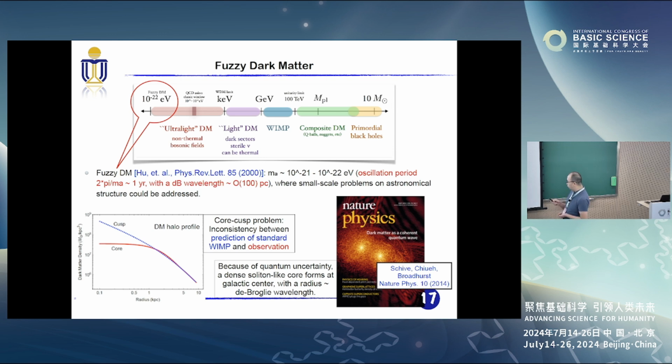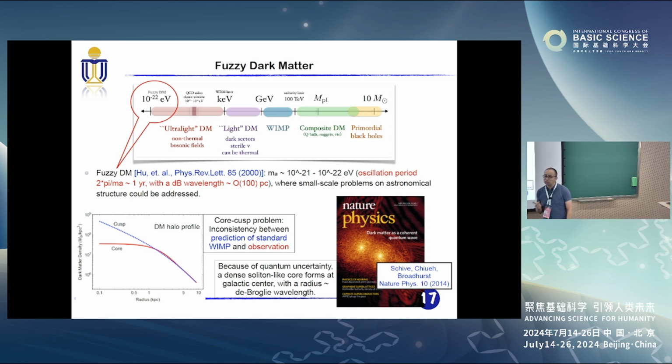And one such example is the core cusp problem. What is the core cusp problem? Well, the many-body simulations based on the standard WIMP scenario predict a dark matter halo within our galaxy with a cuspy structure near the galactic center.